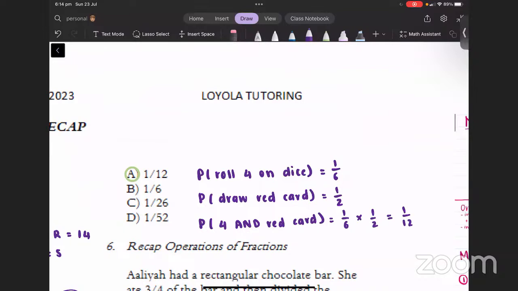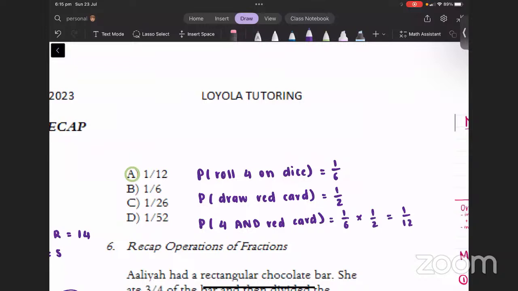So for the probability of rolling a 4 on a die and getting a red card, you multiply those 2 probabilities together. So you multiply 1/6 by 1/2, which gives you 1/12.